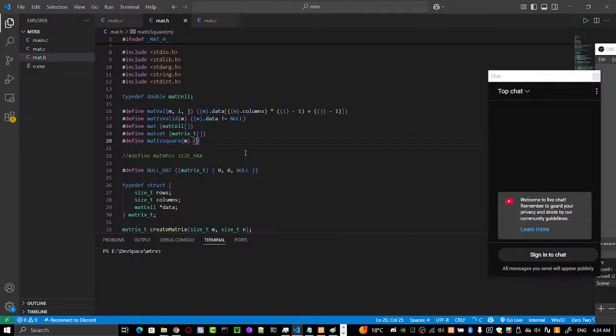Then we simply have to return the condition: M dot rows is equal to M dot columns. And it is like that, right?